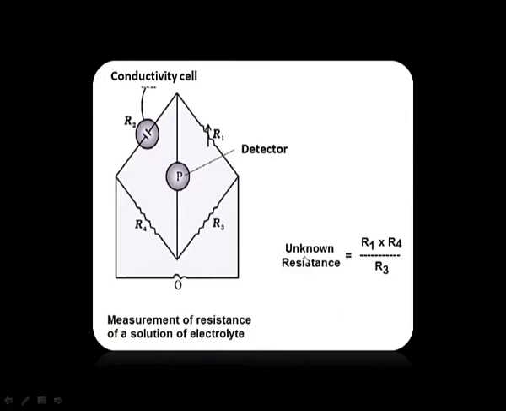The unknown resistance value, that is R2, can be determined, which will be equal to R1 multiplied by R4 divided by the value of R3. But this method has some difficulties when direct current is passed through the solution.